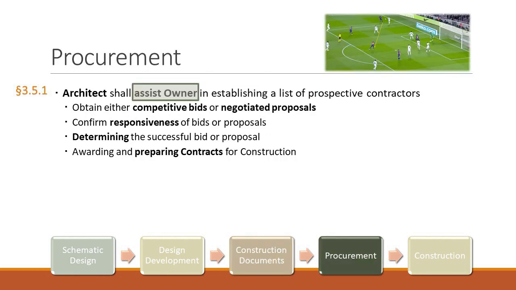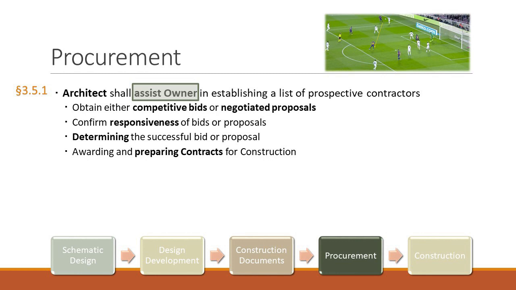Okay? Section 3.5 is about the procurement phase, in which the architect assists the owner in establishing a list of prospective contractors. After the owner approves the construction documents, just like every other phase, the architect assists the owner in obtaining either competitive bids or negotiated proposals.